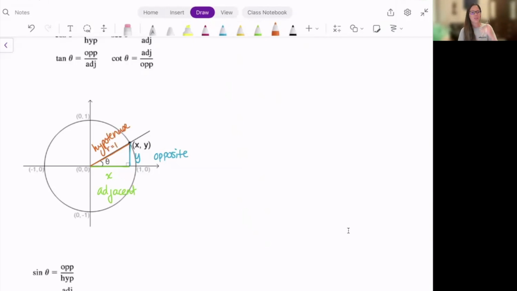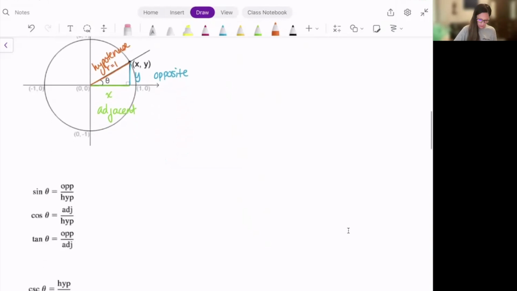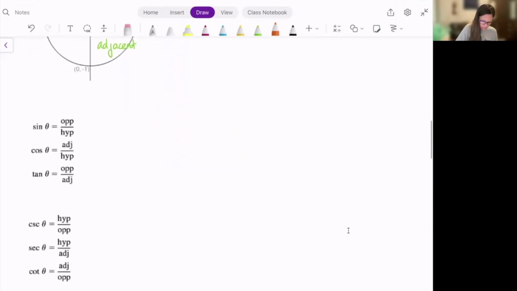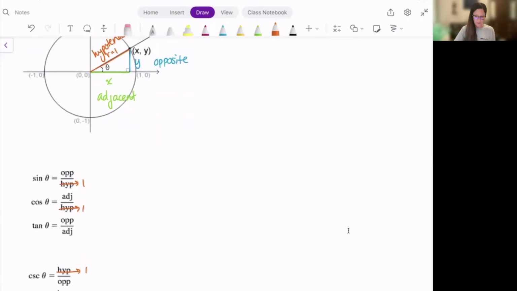We can then adjust our trigonometric ratios to include the fact that the radius is 1. So your hypotenuse is 1. Everywhere I see hypotenuse, that's going to be a 1. Which means that our sine, the opposite, is just y.